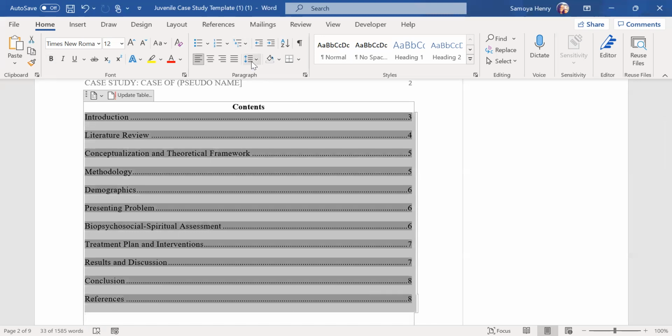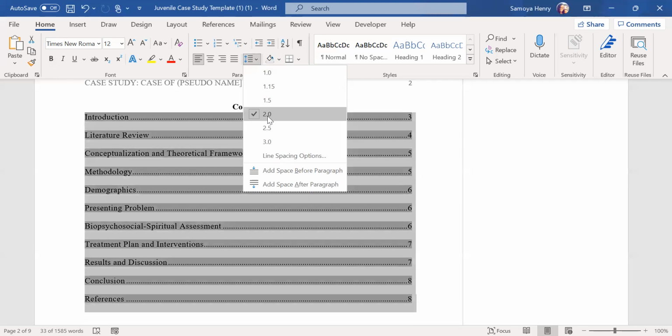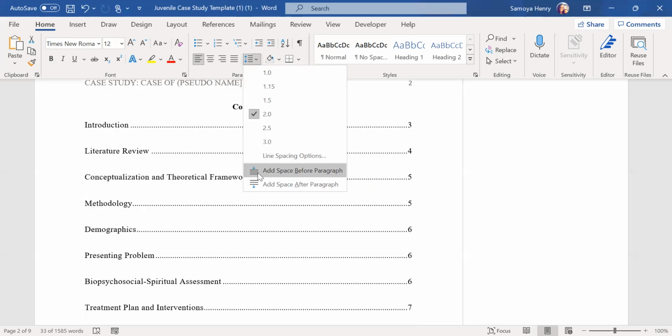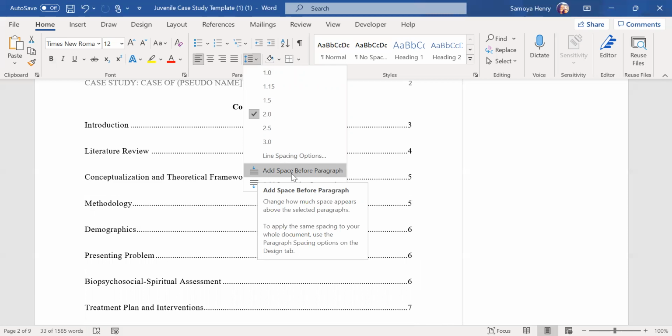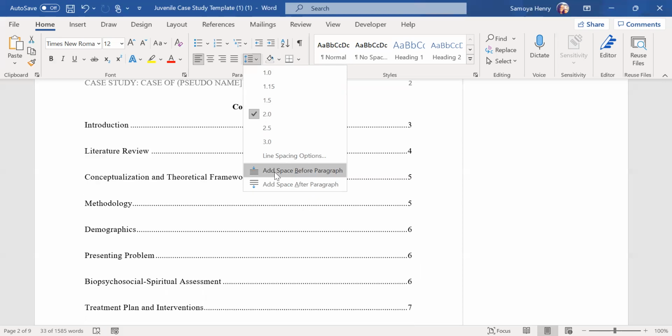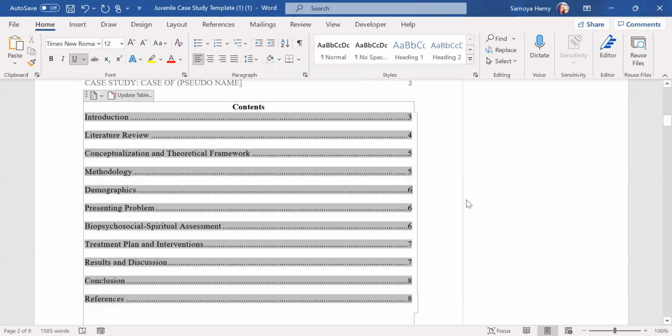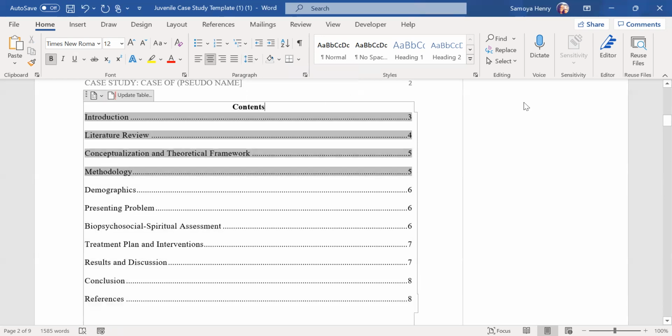It's not bolded. It's 2.0 line spacing. And you always want to see add space before paragraph, add space after paragraph. If you are seeing remove space before paragraph, then you need to change that. So that is the table of content.